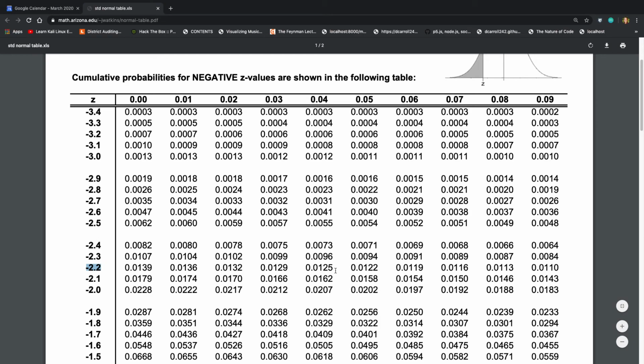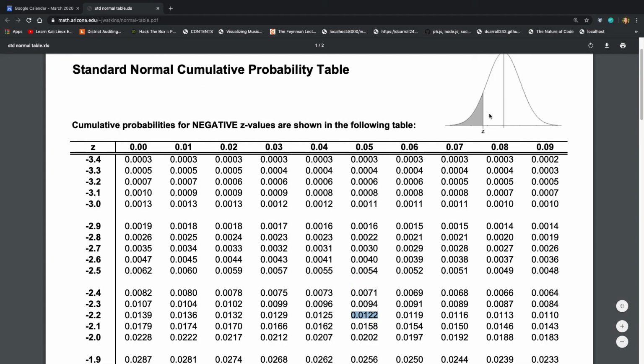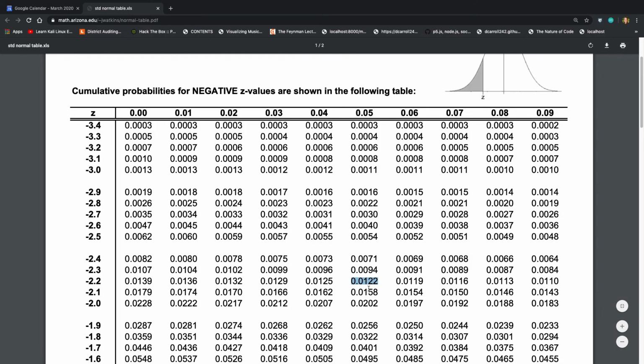So I'm going to go all the way to the right and figure out, well, this one here is negative 2.2 and then 5. So what is the percentage of data that is to the left of this particular value? Well, the probability is 0.0122, and the percentage is 1.22. So 1.22% of the data is over here.